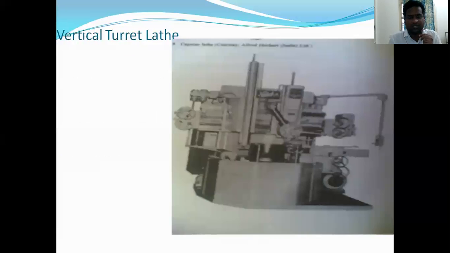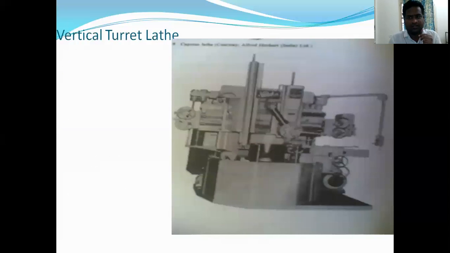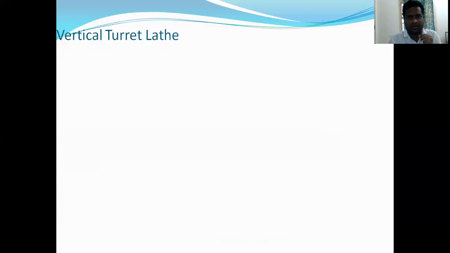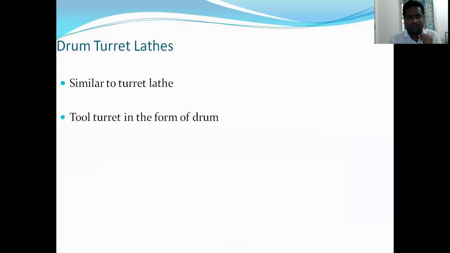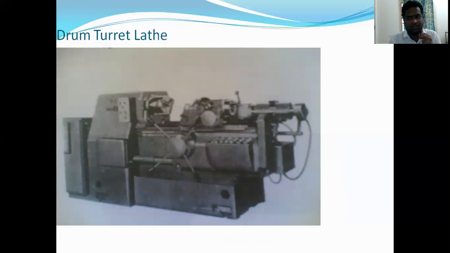So this is about the turret lathe, vertical turret lathe, pre-selector turret lathe, and drum turret lathe. In the drum turret lathe, the tool turret is in the form of a drum, right? And there is no cross slide in the drum turret lathe. We have to remember this point, okay? So this is the drum turret lathe.